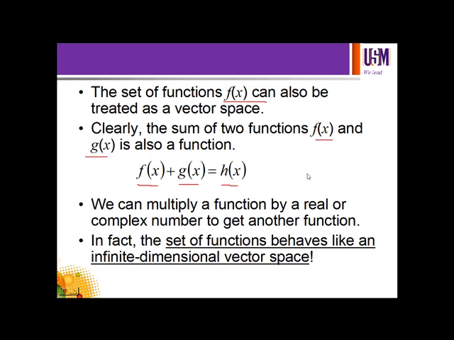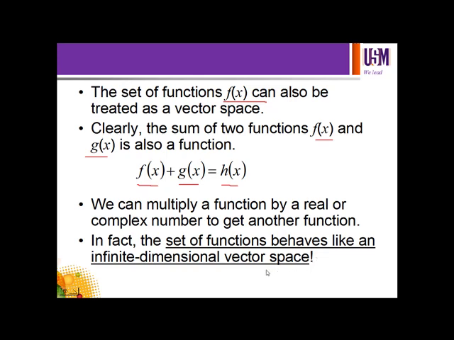Remember the two rules for the operators. If you have f plus g, it is equal to another function, and when you multiply a function with a number, you get another function. In fact, the set of functions behaves like an infinite dimensional vector space.